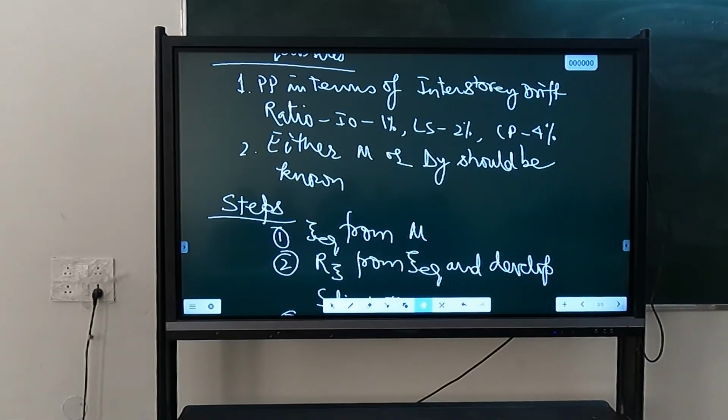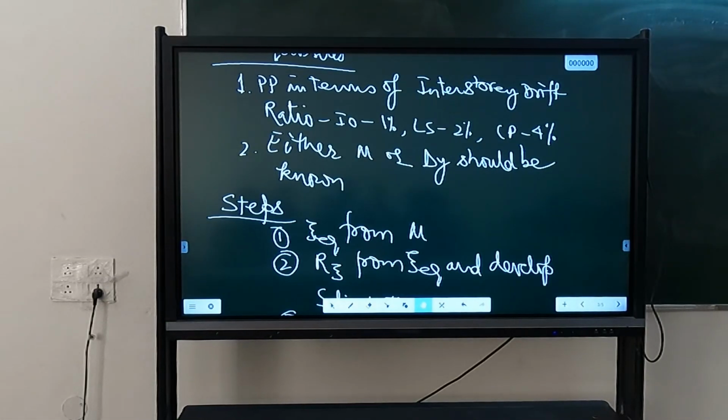So one way would have been that you design any random building by any method and check its performance. If that performance is okay, be happy. If not, do iterations. Go on doing iterations till you are happy. That is one way. What I am trying to tell you is how to minimize the number of iterations. So DDBD is one method where you can achieve a building from scratch.